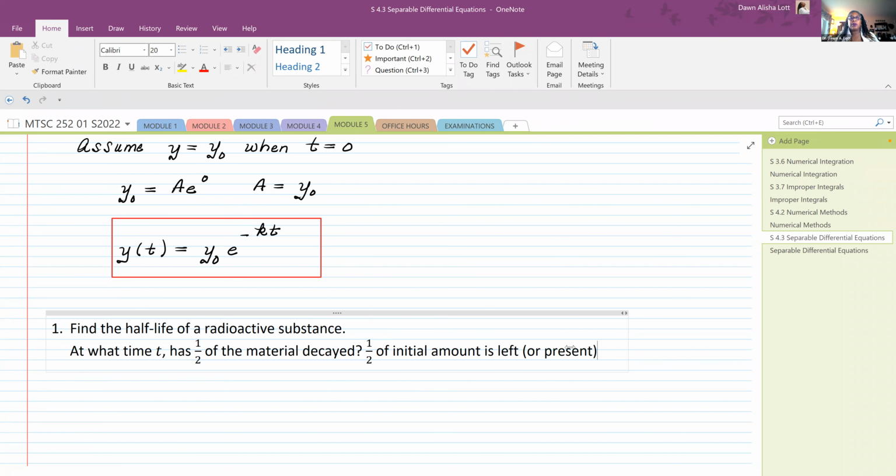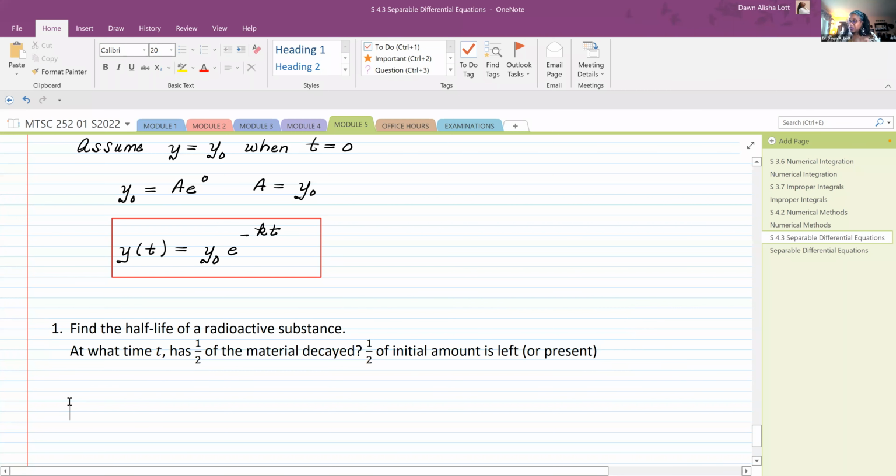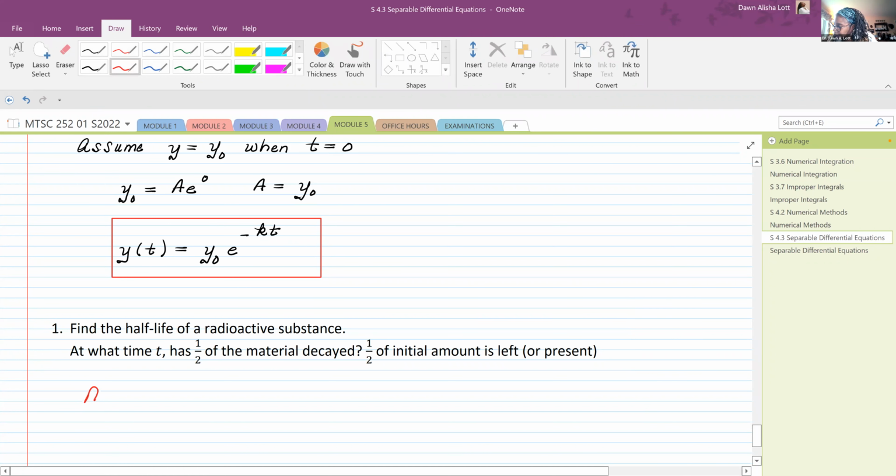All right, so here, this is how we find the half-life. So at that time t, at the half-life, y of t will equal 1/2 y naught. That's 1/2 of what was initially present.